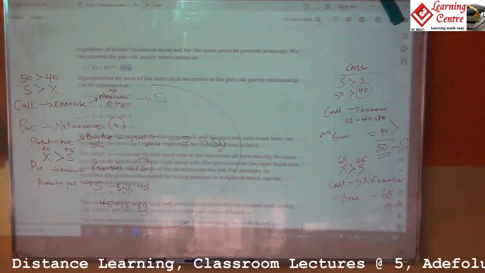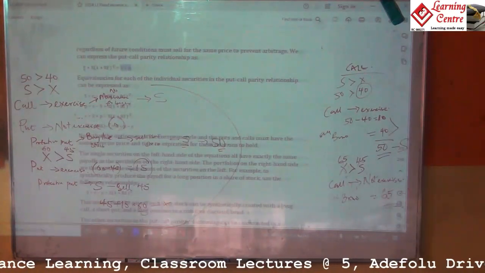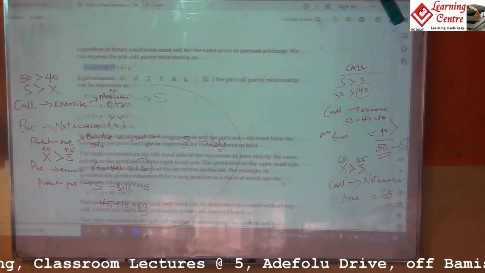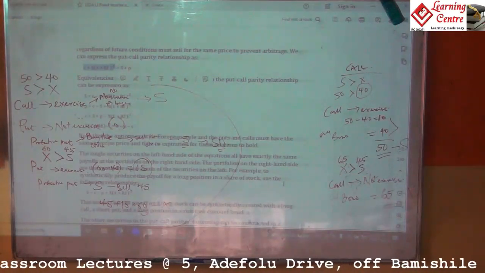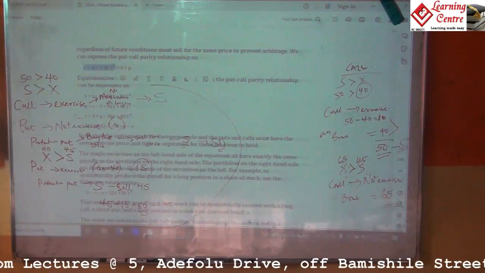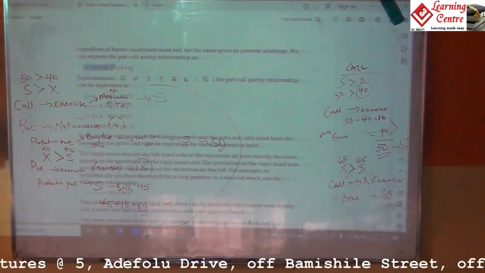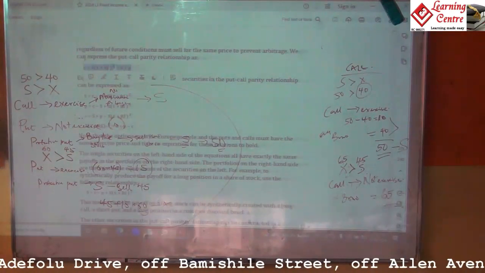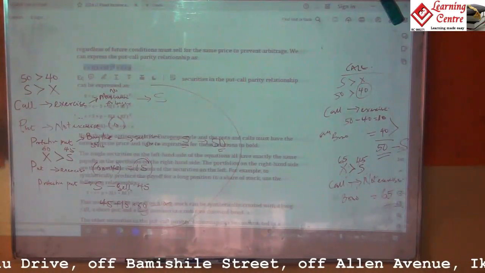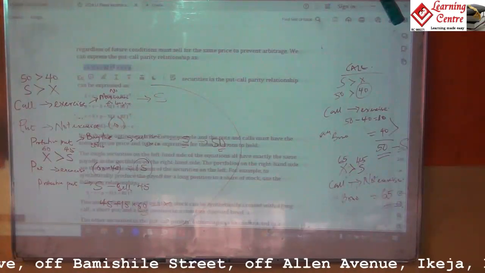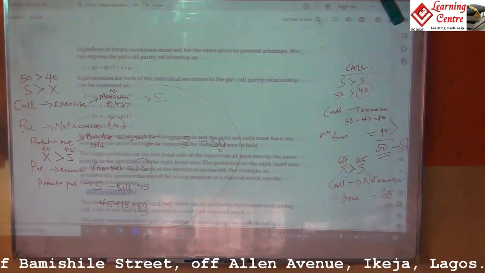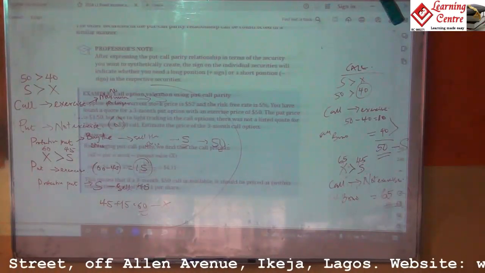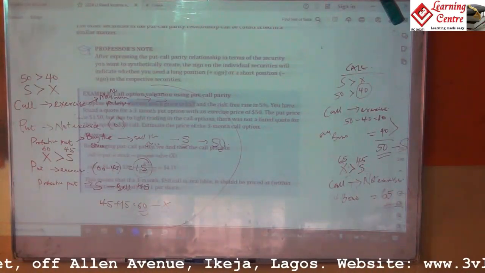And then the left part is the call and the bond, basically. So you can reshape the formula any way you want. For example, if I have S and I don't have P, I can move S to the other side of the equation and calculate for P. That's basically what this is saying, which is also what they have tried to do here at the end of the day. Okay?